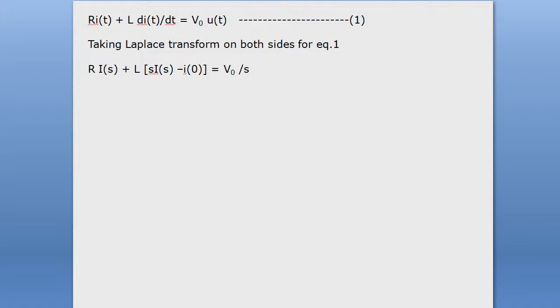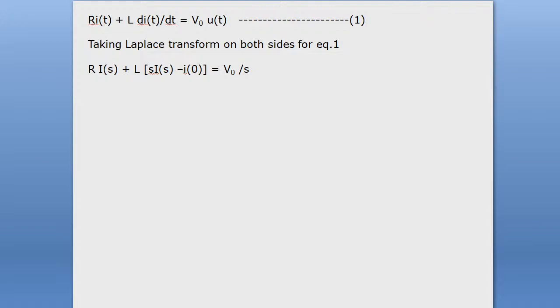The advantage of the Laplace transform is that without any rigorous calculation, or without considering the initial or boundary condition of the network, we can calculate its response. So far, we have calculated the steady state response as well as the transient response of the RL circuit, RC circuit, first order or second order RLC circuit in the time domain.